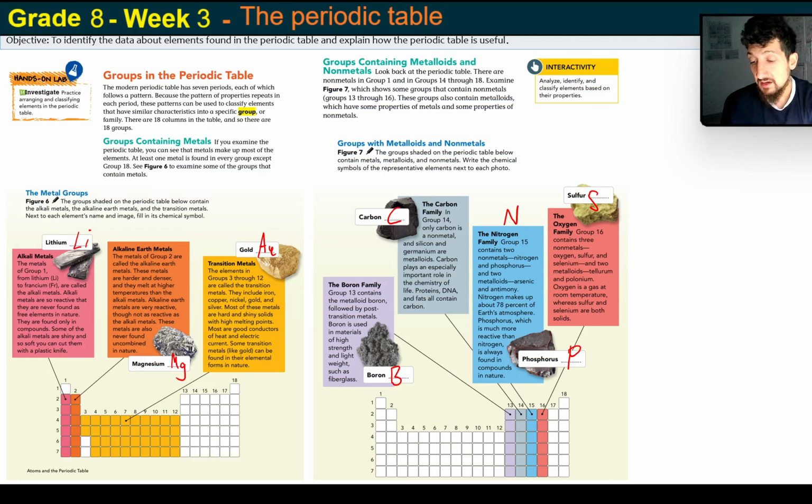We've got the alkaline earth metals, which is group 2 of the periodic table, and these ones are slightly harder and denser. Then we've got the transition metals, which is this middle block over here.